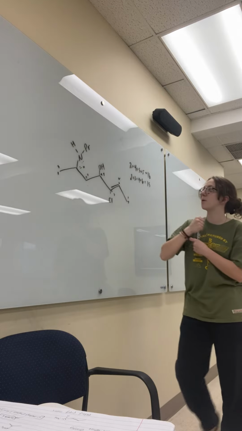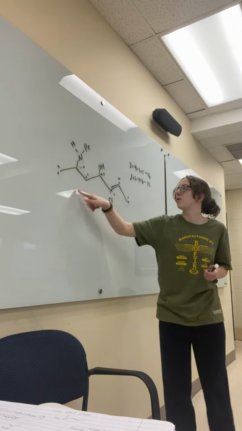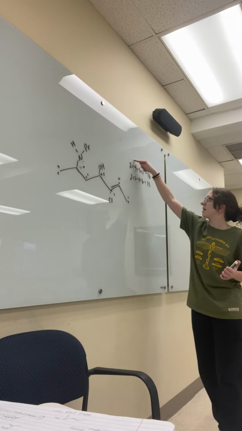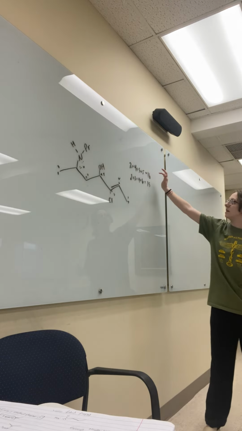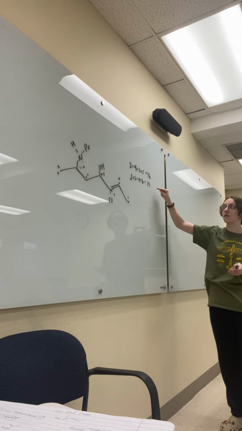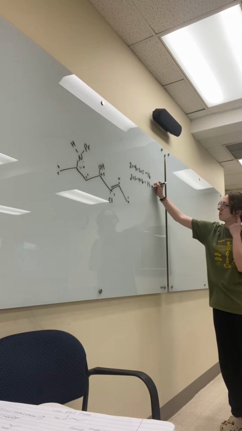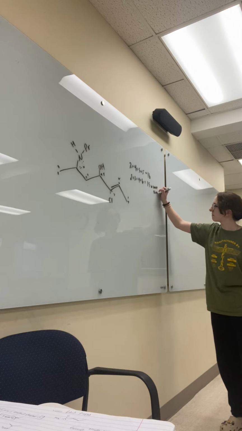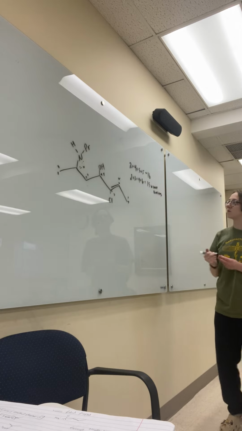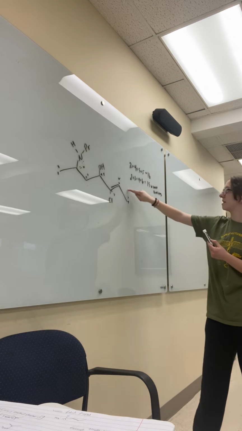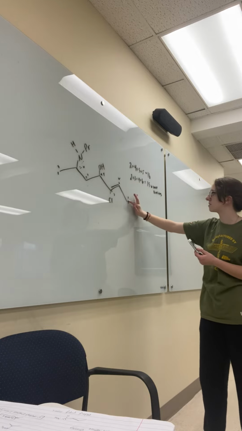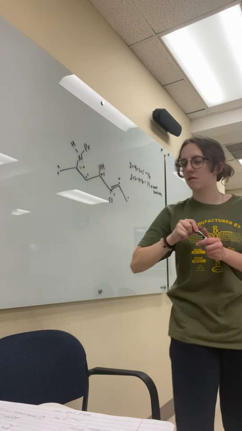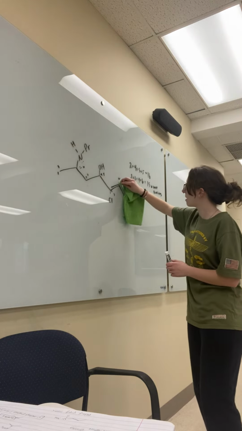Again, we just number it both ways, and then whatever number the substituent's on, I added it here to see which one has the lowest numbering possible. So lowest numbering. So since starting on this side results in the lowest number possible for naming, I'm gonna number it that way.